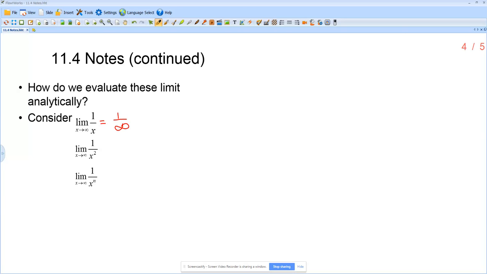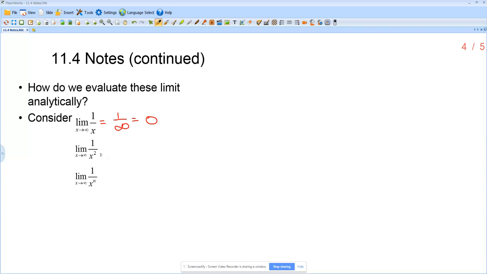Well, what is that? The larger and larger I make my denominator, the smaller and smaller this value is getting. So as this goes towards infinity, the value here would be 0.